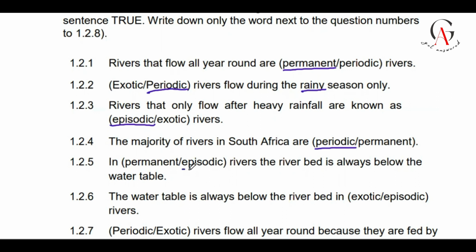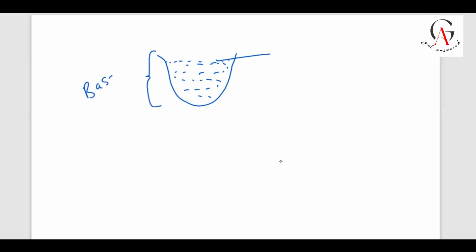That's going to be the episodic river. So in episodic, the riverbed is always below the water table. If we try to illustrate this, this is our base flow. I spoke about this sometime before, and we said the upper surface of this is the base flow.